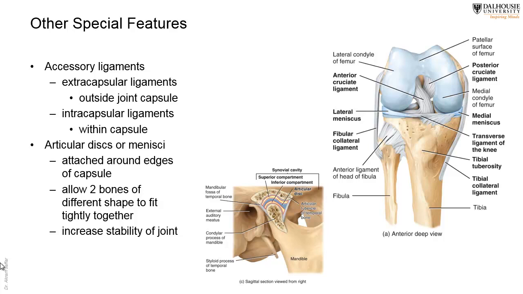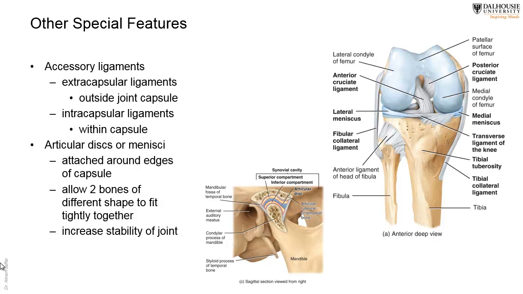Ligaments are not necessarily confined to the outside of the joint; they might be present inside the capsule. An obvious example of intracapsular ligaments are the cruciate ligaments of the knee joint. So we have here the anterior cruciate and posterior cruciate ligaments.